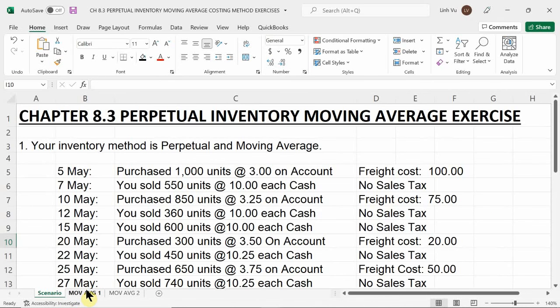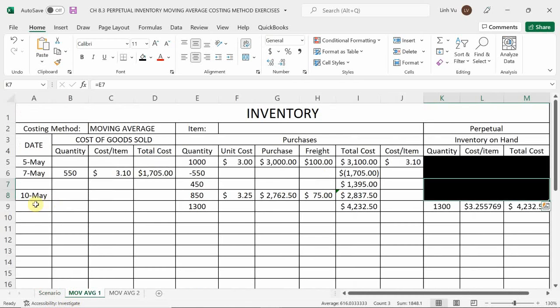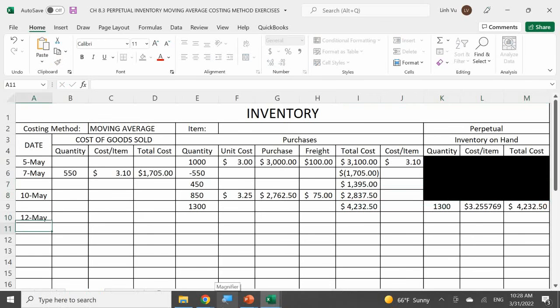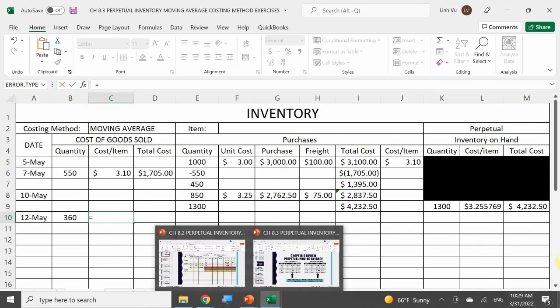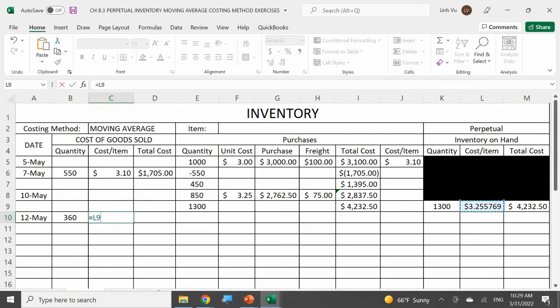We end up selling 360 units on May 12th. Okay, May 12th, 360 units. Now in this case, what right now is my average cost per item? 3.25576. Okay, good.